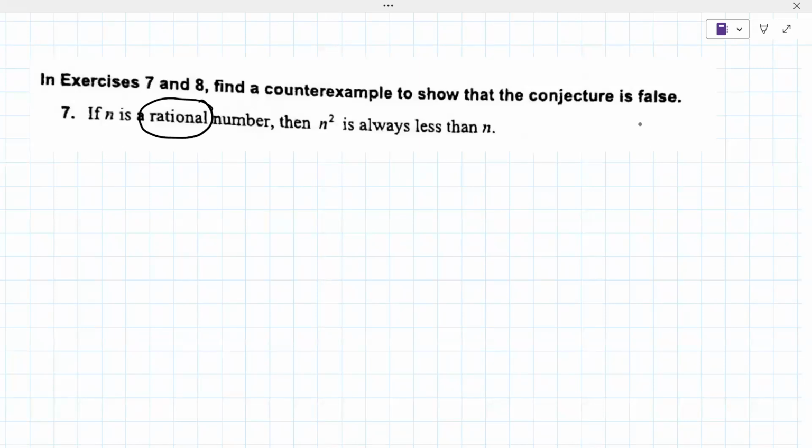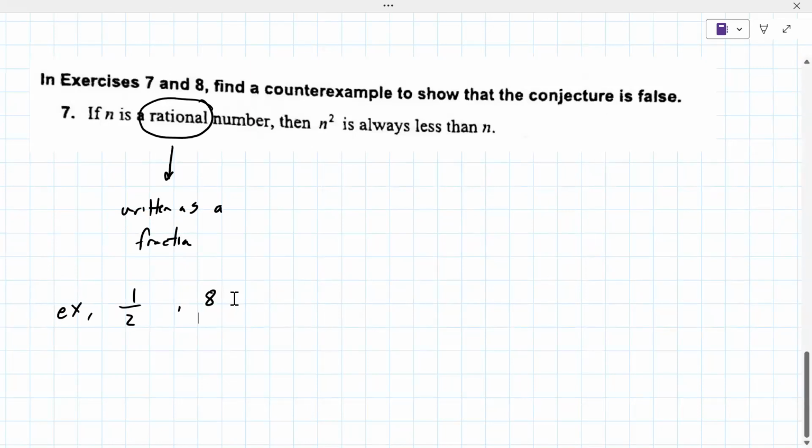No. Okay, so a rational number can be written as a fraction. So for example, 1/2 is a rational number, but so is 8. And you might be like, well, eight's not a fraction. I'm like, you're right, because you can write it as 8 over 1.